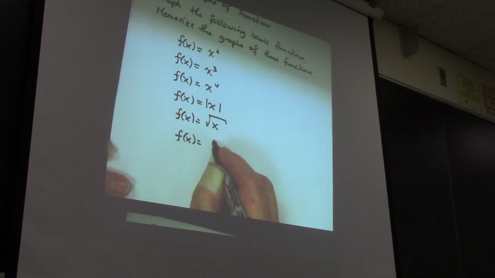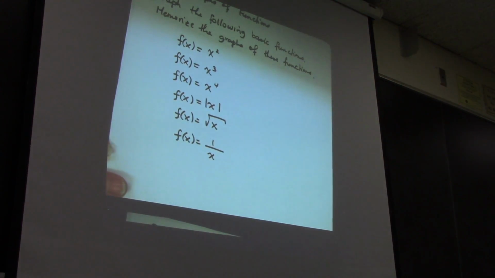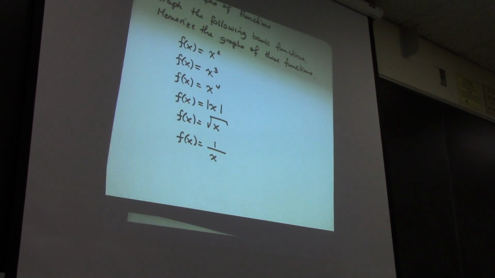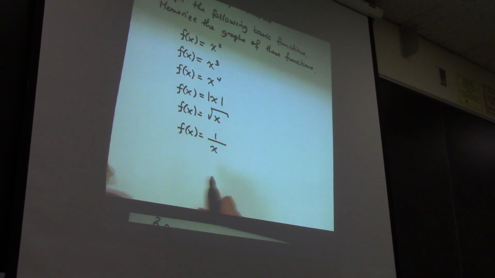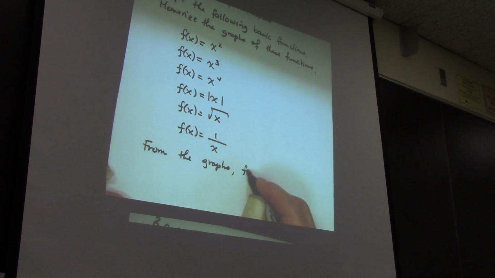And f of x equal to 1 over x. For all of these functions, we're going to graph them, and from the graphs, let's also find the domain and the range.